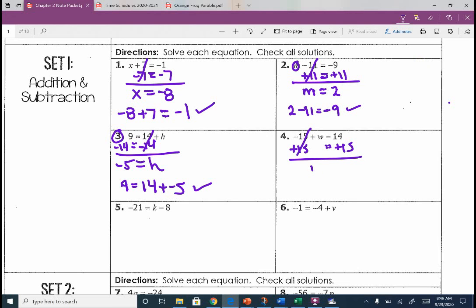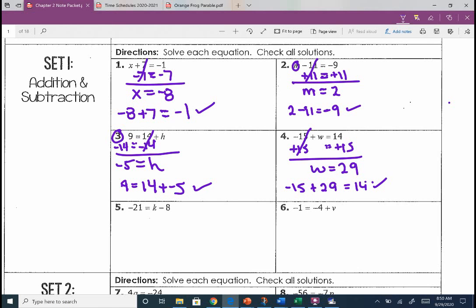Do I have to have the pluses? W equals 29. I would throw those pluses in there, guys, so you know what your step was. Then check it. Negative 15 plus 29 equals 14. We got it. Looks good.